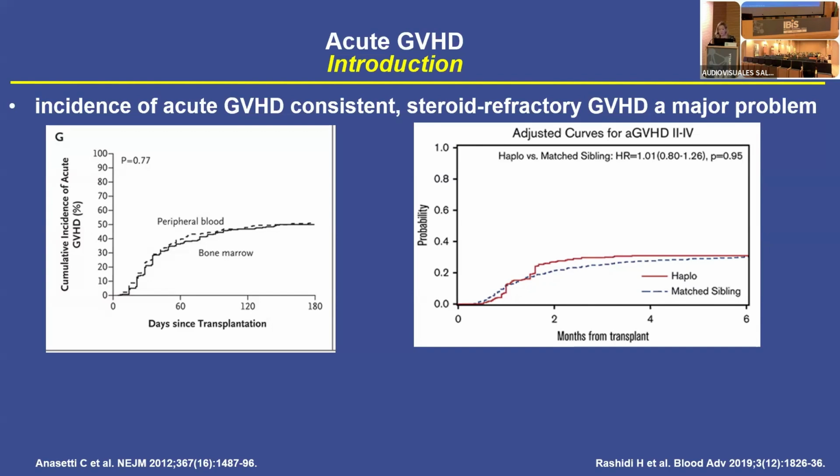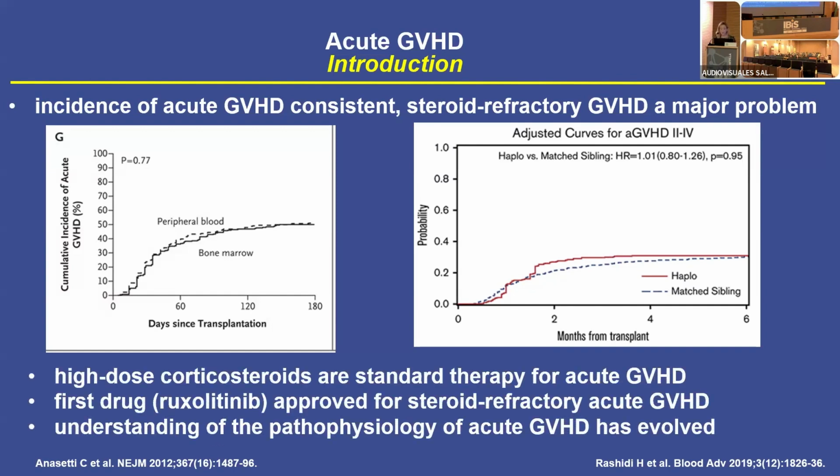Also, in the large registry studies, we have seen that even in comparison to matched sibling, haplo does not always increase the incidence of acute GvHD, and it can even decrease the rates of chronic. So this is reassuring. But still, we haven't moved too much from what we do in the first line.